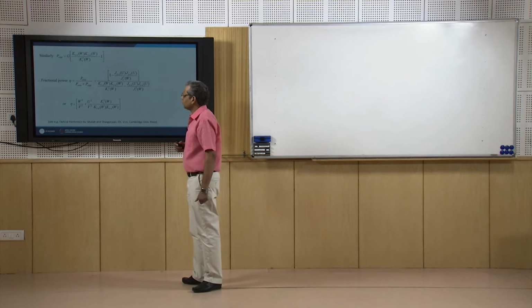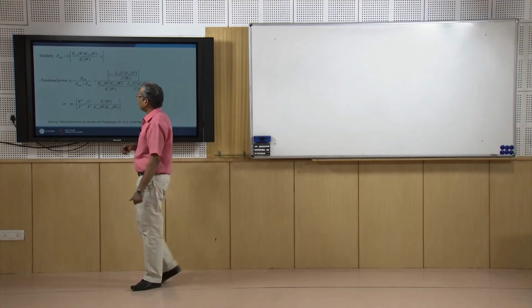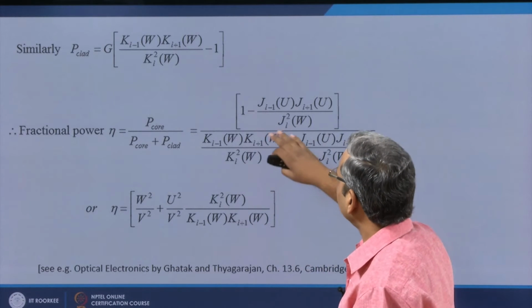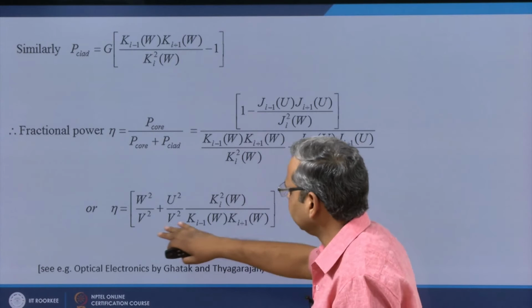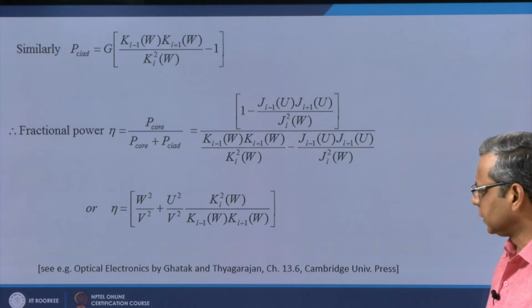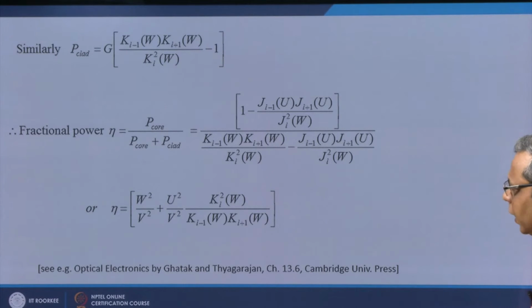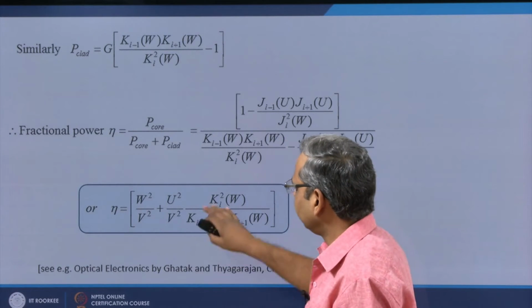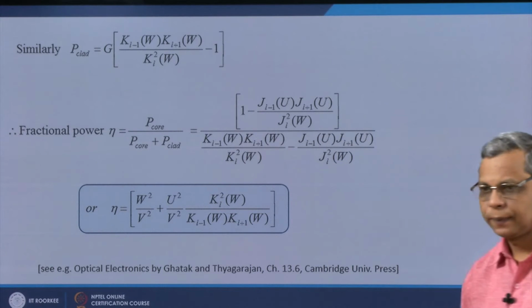Then I can find out the fractional power as power in the core divided by total power, and I can express this in this particular form, and again the details can be seen in this book. So, I have the fractional power in the core given by this expression.